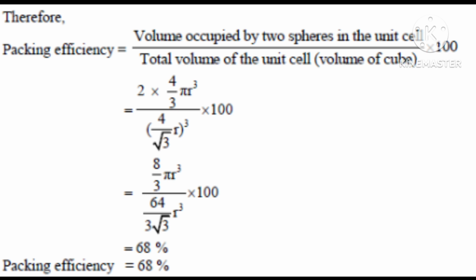Then total distance will be r plus 2r plus r. Total 4r. 4r is the length of diagonal. Okay, this is very, very important. r plus 2r plus r. Correct? Then total 4r is the length of diagonal.